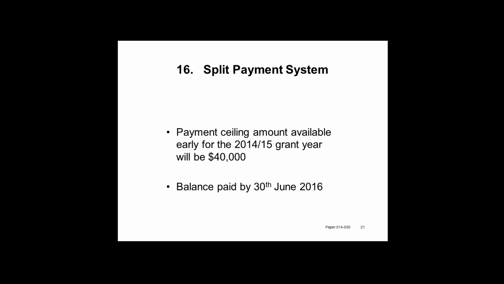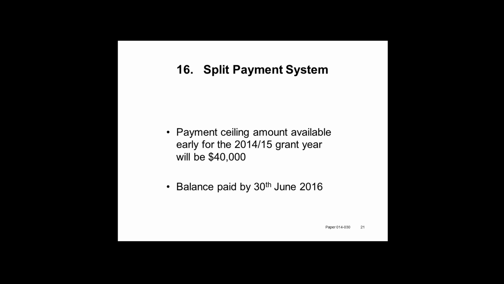If their claim is for an amount exceeding $40,000, they will be paid $40,000, with the balance that they are claiming going into a pro rata pool to be apportioned in May, June 2016, and then paid on a proportionate basis to the overall claims that are still in the system.